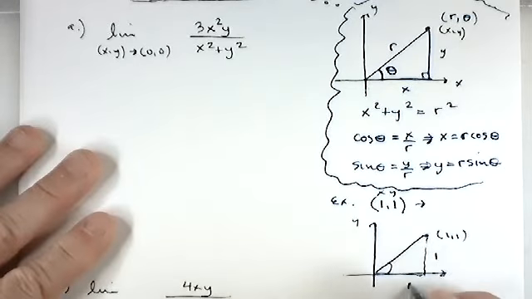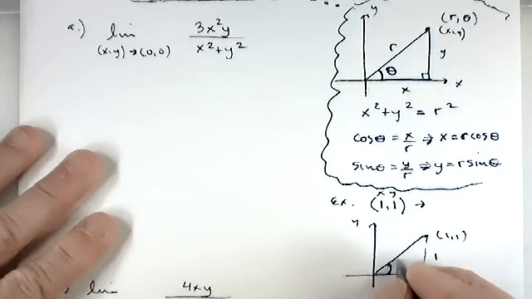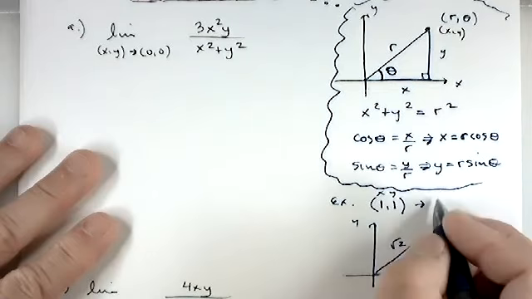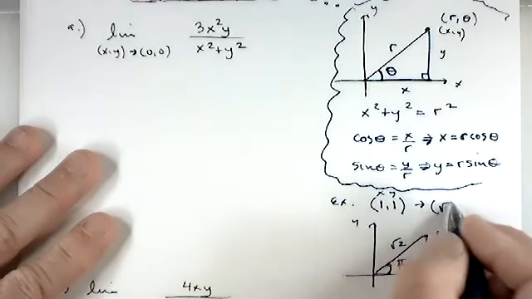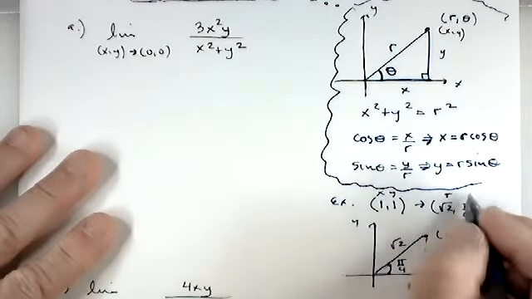If this is 1 and this is 1, that angle would be 45 degrees or pi over 4. And then you need to know this distance right here, but by the Pythagorean theorem, that would end up being √2. So in polar coordinates, this would end up being √2, pi over 4. You put r first and then theta.